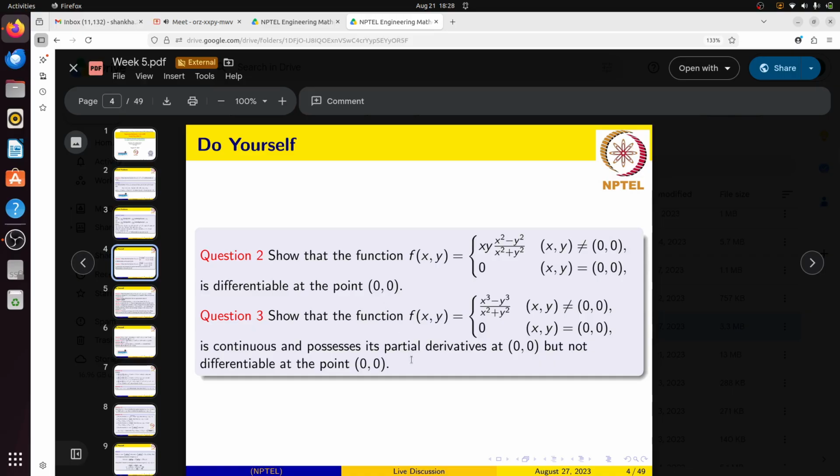First and foremost you need to calculate the partial derivatives at (0,0). Please tell me the partial derivatives and then represent f(h,k) minus f(0,0) equal to A into h plus B into k plus h epsilon 1 plus k epsilon 2, where A and B are the partial derivatives with respect to x and y, and epsilon 1 and epsilon 2, these two functions, tend to 0 as (h,k) tends to 0.